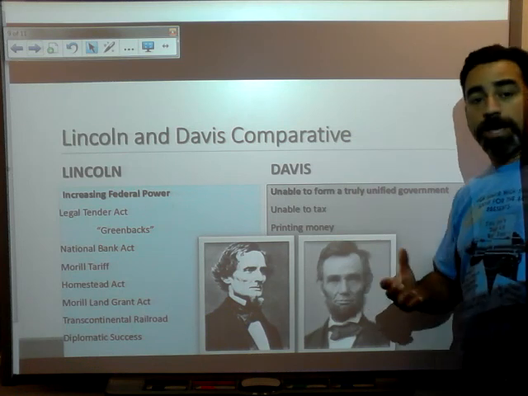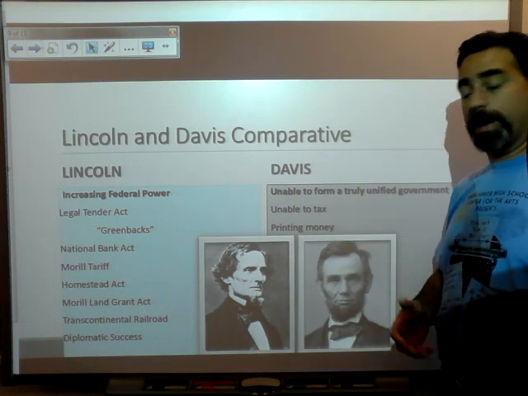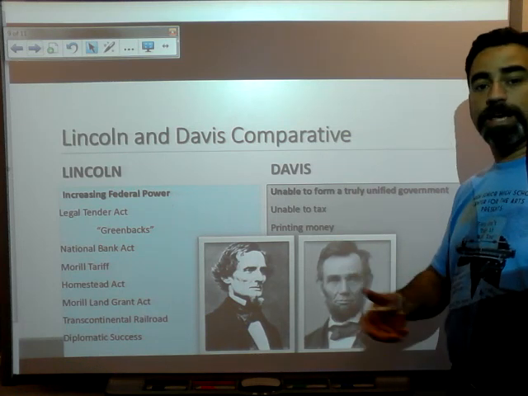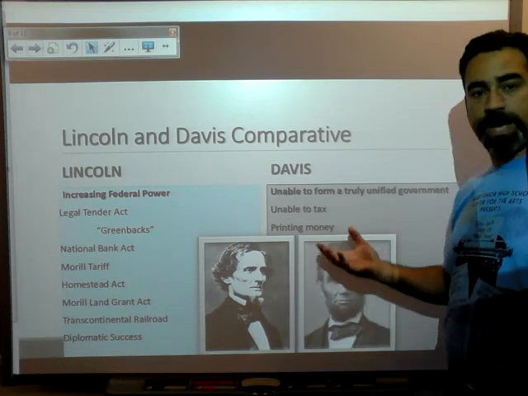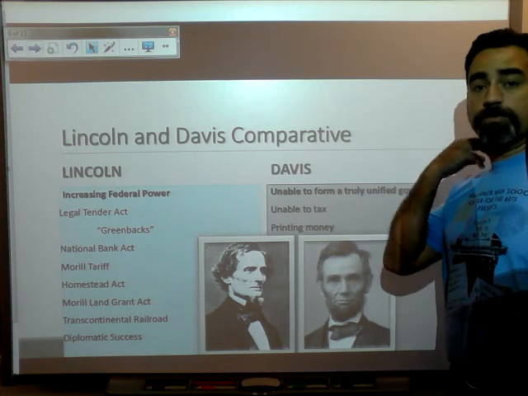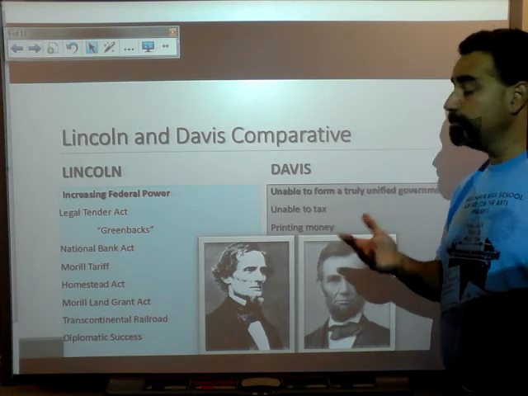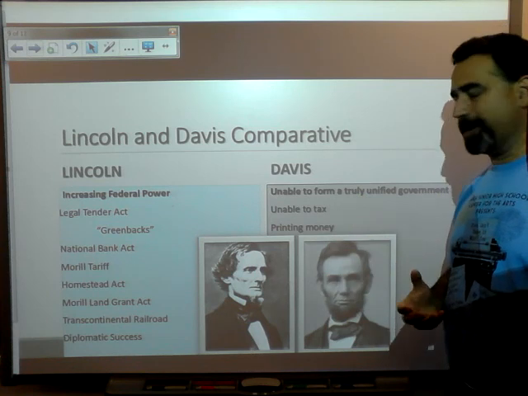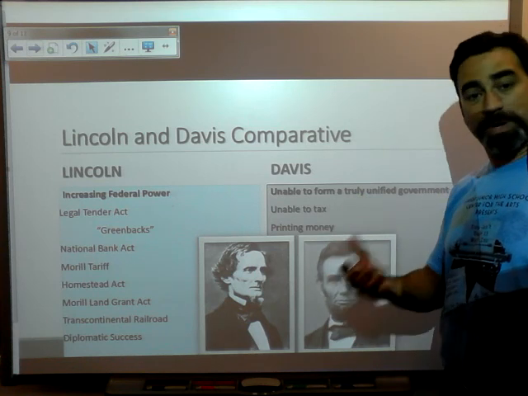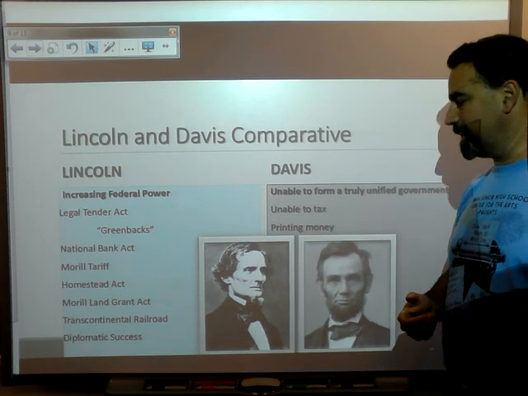Davis, on the other hand, has that problem that we were talking about earlier. How do you get a bunch of states that are premised on secession to do what you want them to do? He couldn't tax them because the state governors refused to pay increased taxes. Remember, opposition to the tariffs was a big deal in these states.